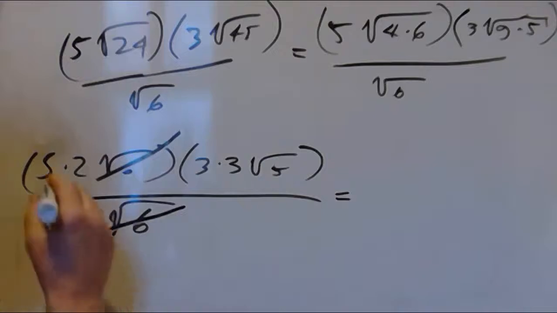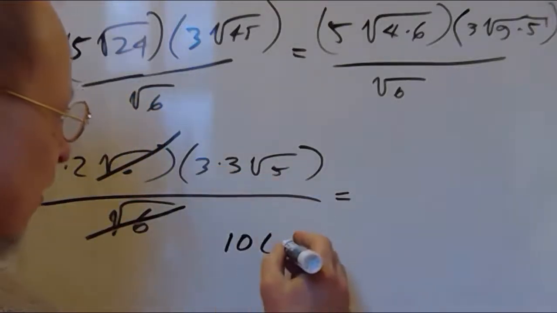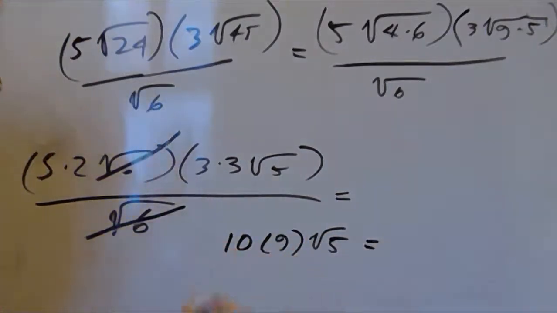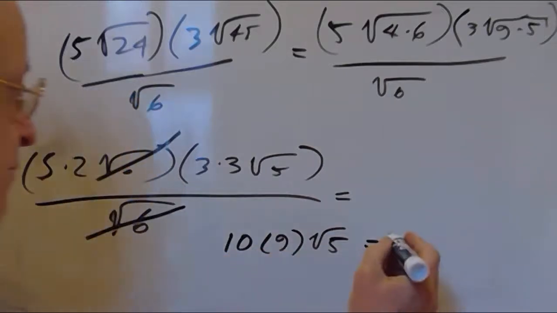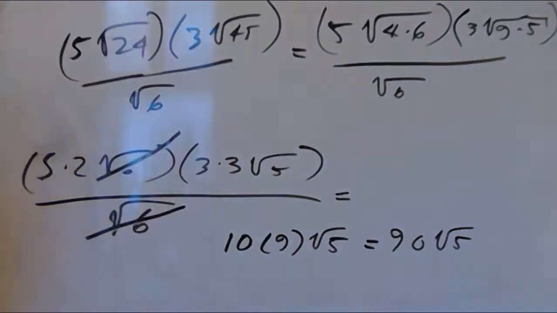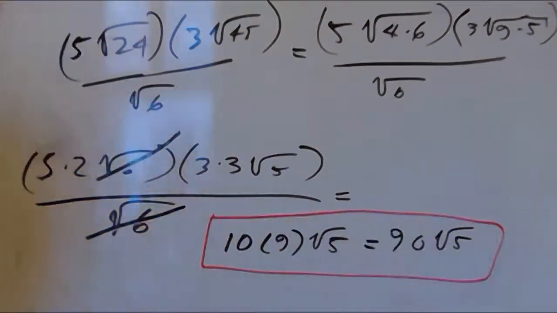So now we can write 5 times 2 is 10, and then times 9, square root of 5, and 10 times 9 is 90, square root of 5. So by knowing all these different rules, you can find simpler ways of doing it. You can also rationalize the denominator and start off like that, but there are also other things you can look at to make things a lot easier.